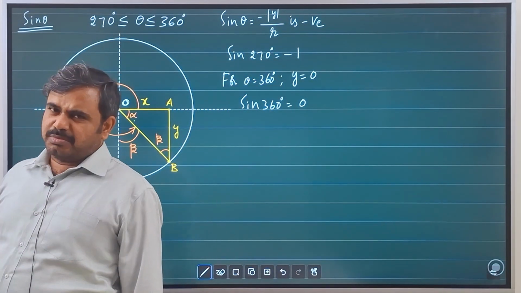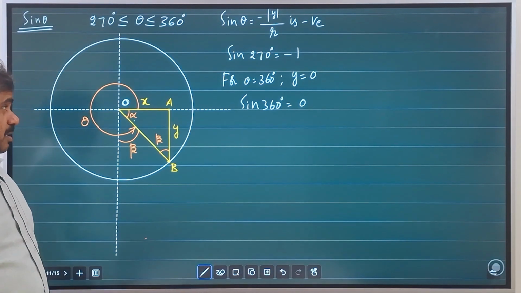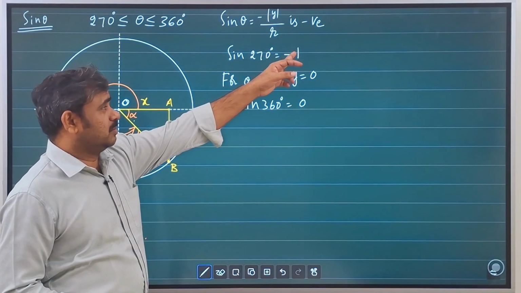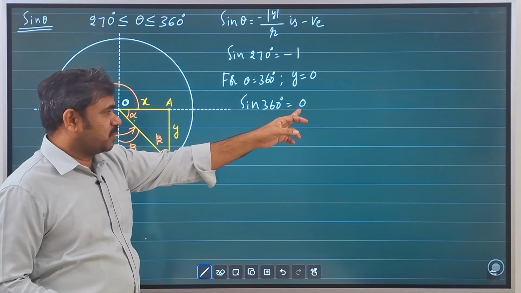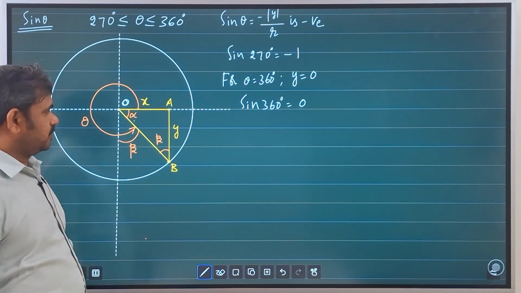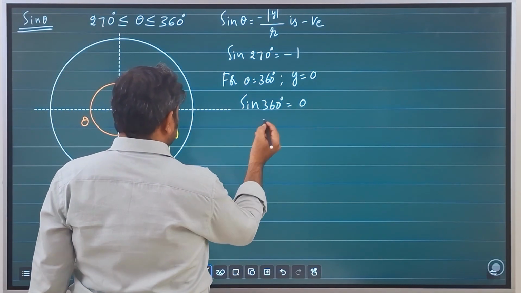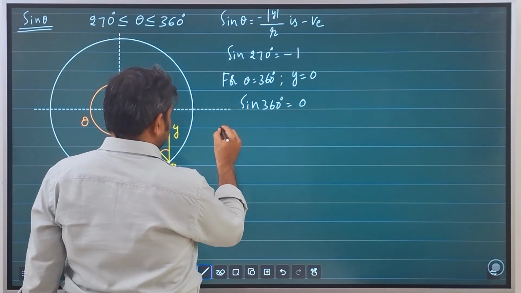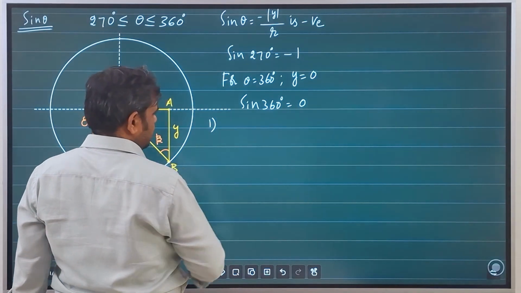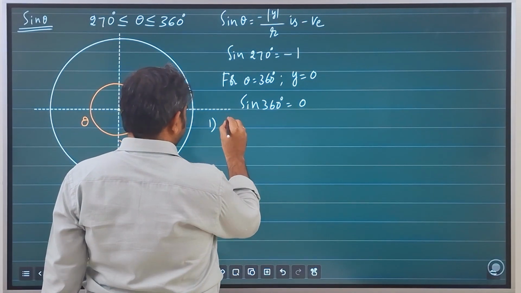So what is happening in the fourth quadrant? Sin theta value increases from -1 to 0. That's the first conclusion that we come to.